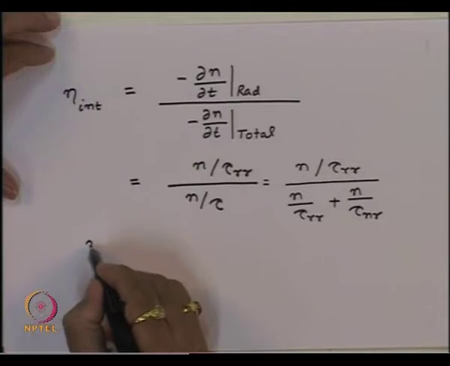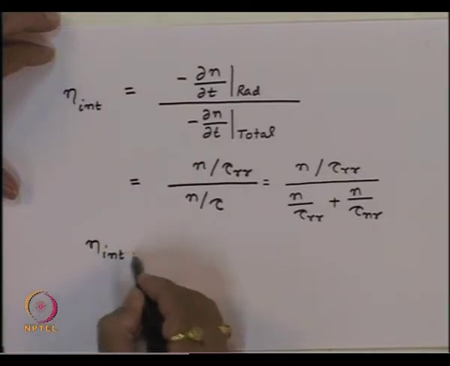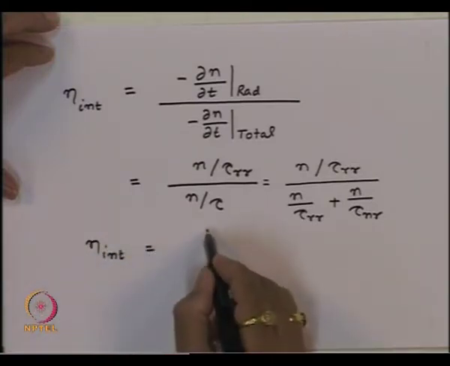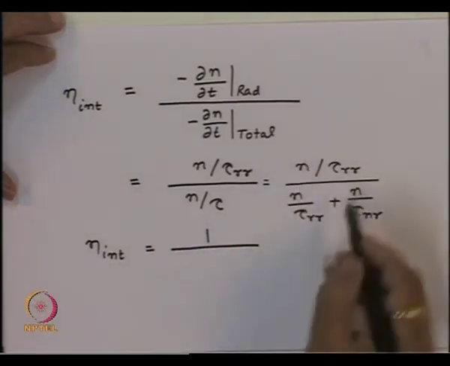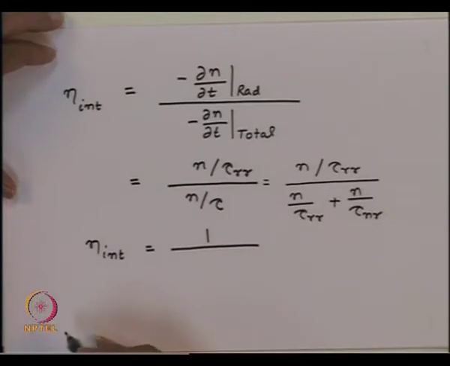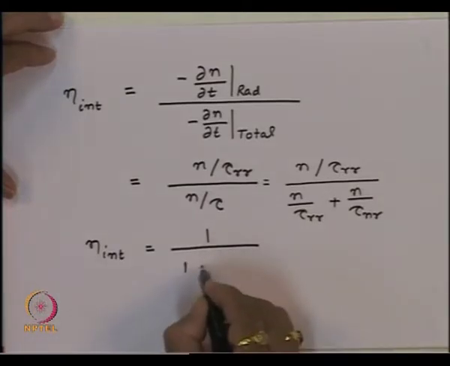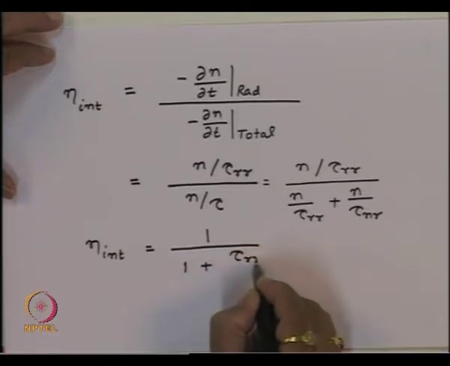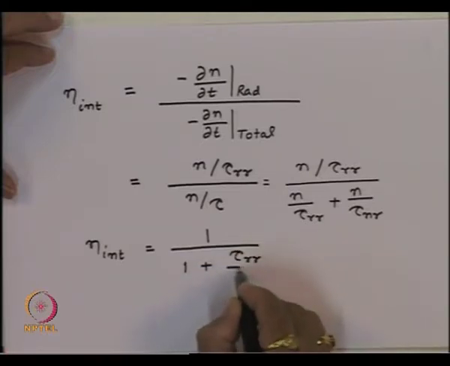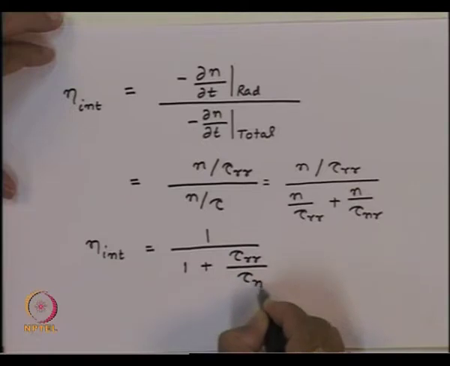So, we get the internal quantum efficiency equal to 1 upon, all the n will cancel, we can divide by tau RR, you get 1 plus tau RR by tau NR.